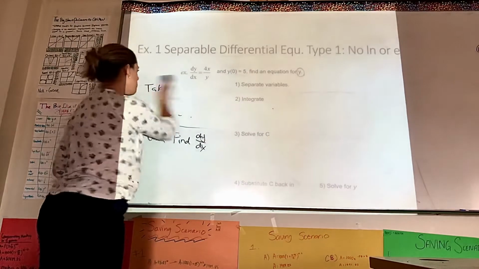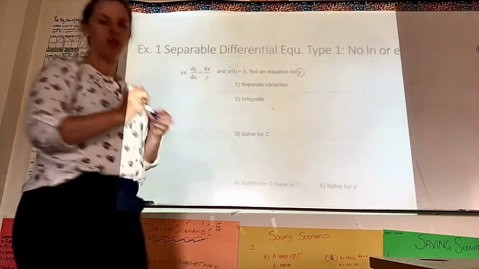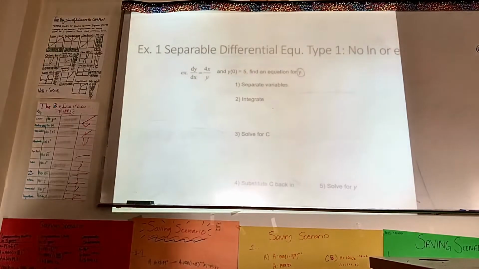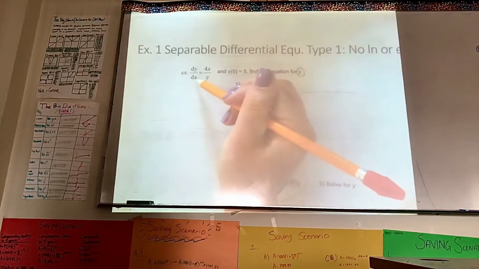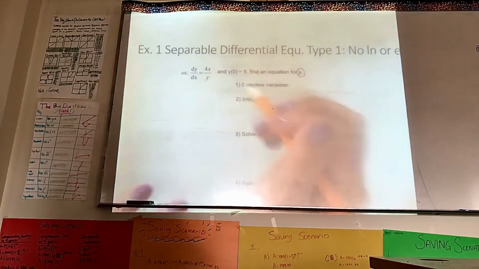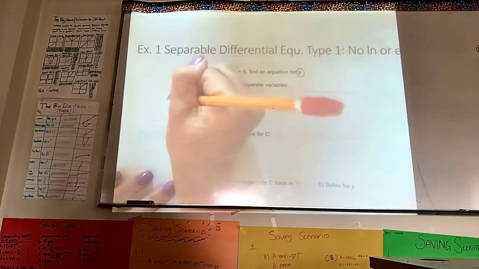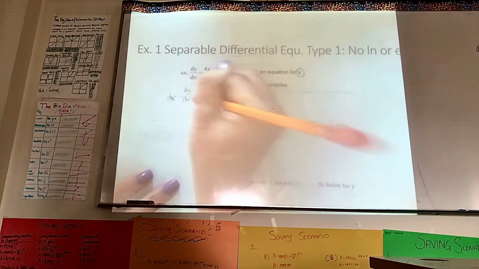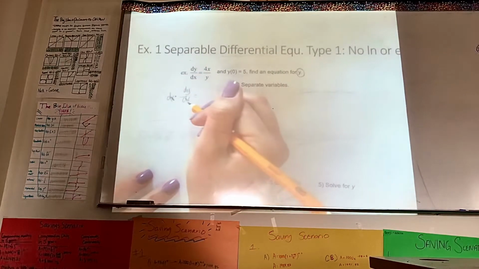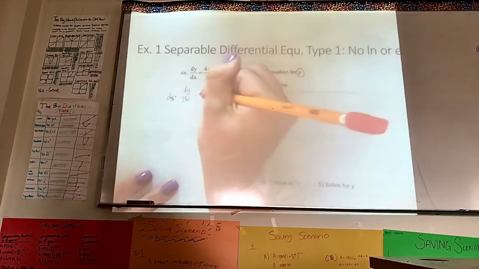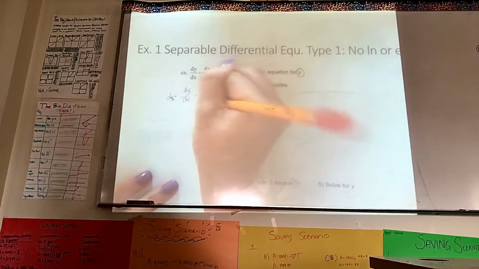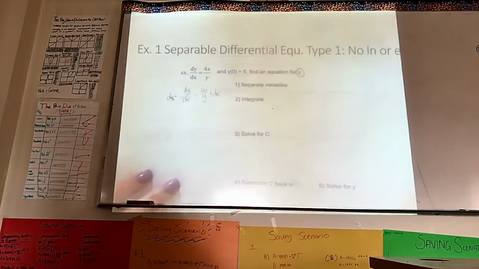So separate the variables. There's going to be a couple of steps within step one to separate the variables. See how I have a y and an x together on the left? So I'm going to multiply by dx on both sides to get it gone from the left side, so I only have y on the left.